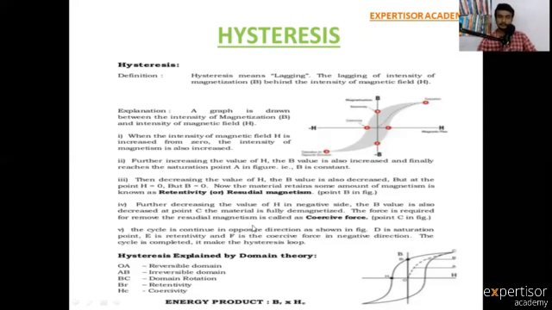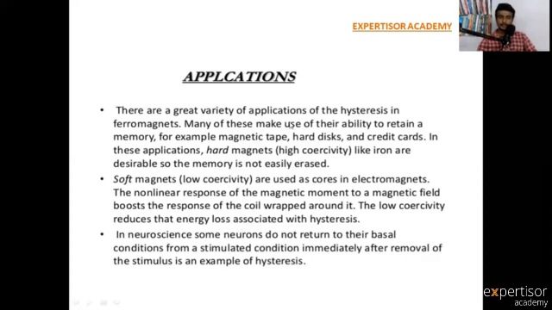Next, applications. There is a great variety of applications of hysteresis in ferromagnets. Many of these make use of their ability to retain a memory, for example magnetic tape or disk. In these applications, hard magnets with high coercivity, like iron, keep their memory, which is not easily erased.